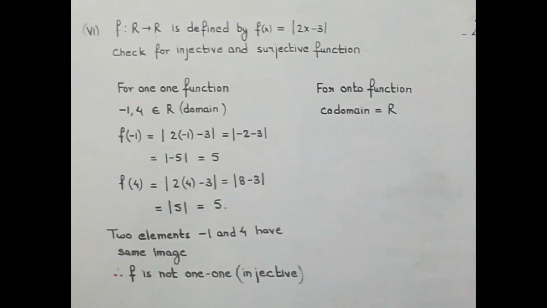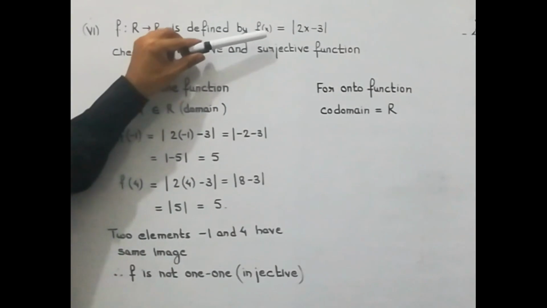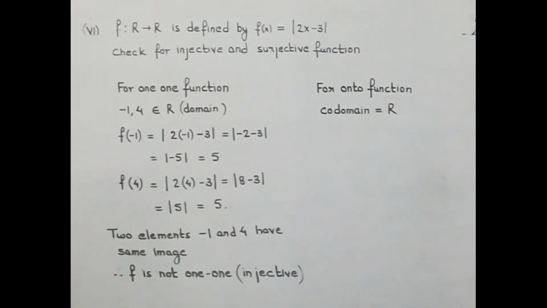It's given to you in the question that codomain is the set of all the real numbers. Now for a mod function, whatever the value you take, either the result will be 0 or it will be greater than 0.